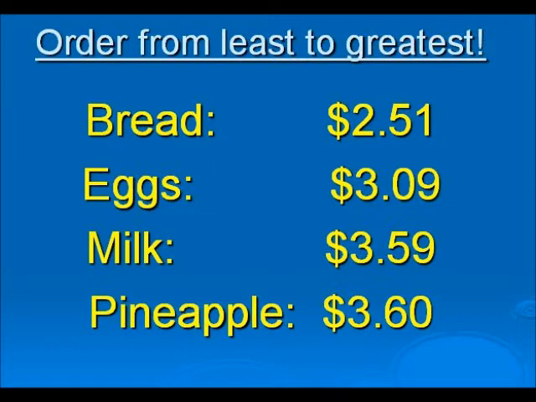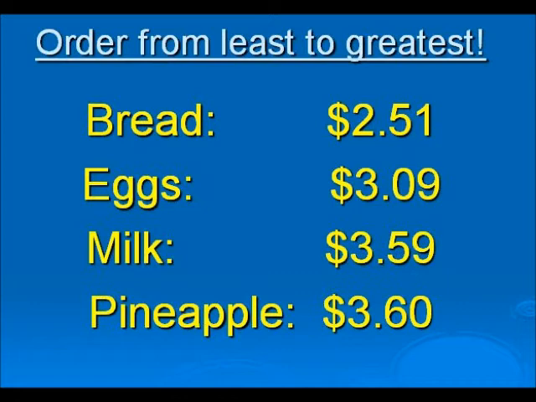Writing the remaining numbers in order, we look at the tenths place. Eggs has a 0, which is less than 5 and 6, so eggs is going to be the next least number. Then we have pineapple and milk. Pineapple has a 6 in the tenths place, which is greater than 5, so we know pineapple is the greatest.